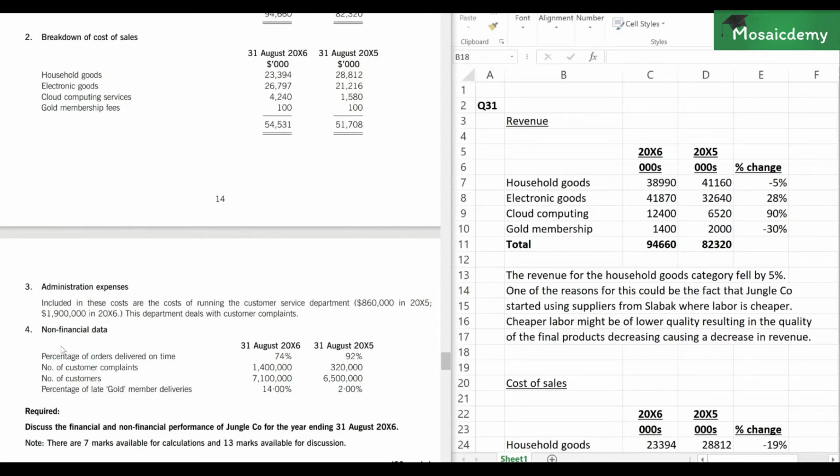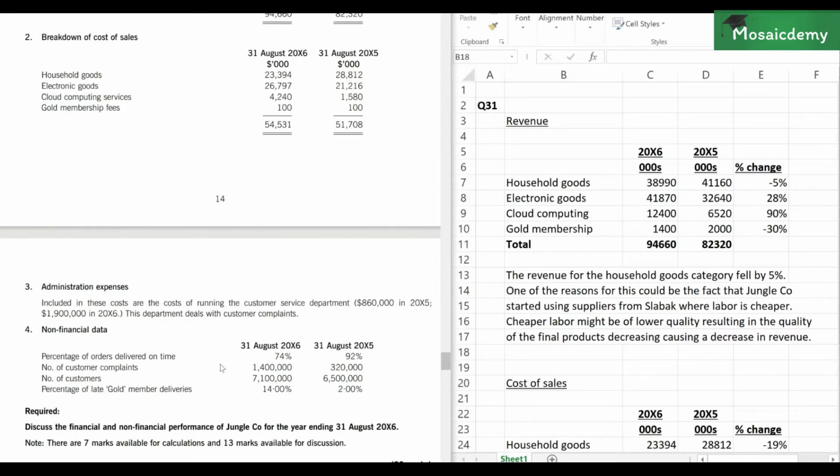And then we have non-financial data, which is crucial as well. It says here percentage of orders delivered on time fell from 92 to 74%. Number of customer complaints went up. Okay, so this is an important point. Number of customer complaints is a really useful metric. Why? Because if it's going up, we can link anything bad with it and say that it's causing that increase in customer complaints.